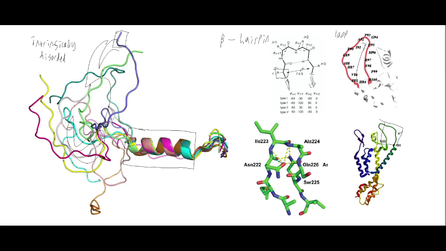And down here is actually from a structure that I obtained in my undergraduate, working on that same beta lactamase enzyme, and this is a hairpin that formed between 2 beta sheets.